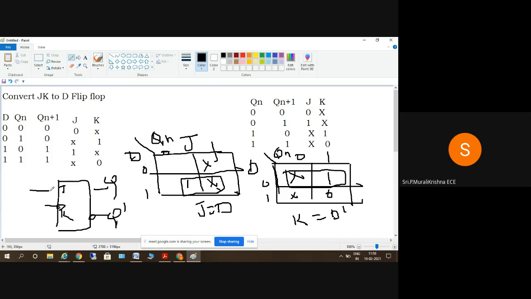J will be D here, and K will be the inversion of D. So we'll be using an inverter here, and that will be given to K. So J is equal to D and K is equal to D bar.